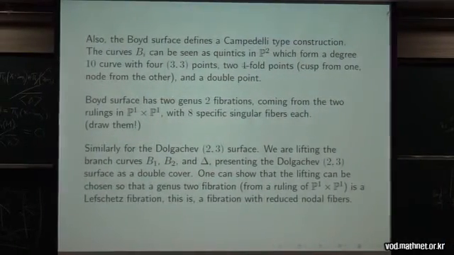Okay, so I want to say some things about this situation. So one is that here is a double cover construction, a Campedelli type construction. You can see this, for example, in P2, trying to keep the 3 points, and then we will have a degree 10 curve, but it's reducible.